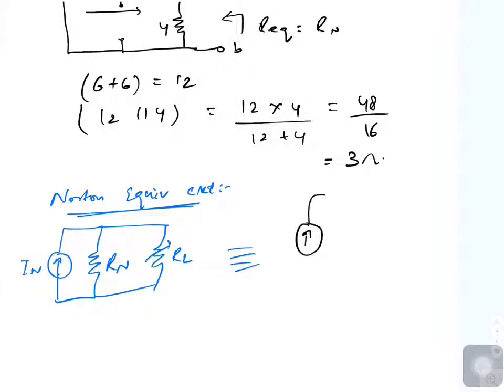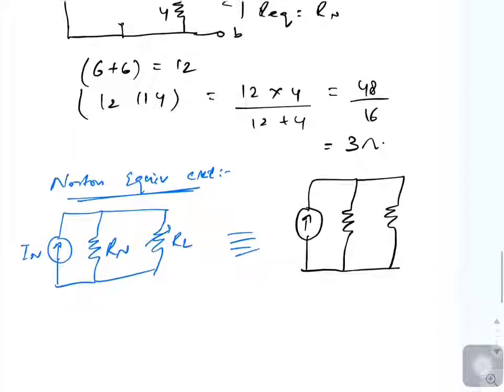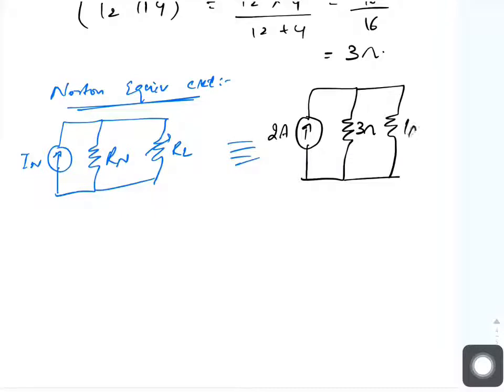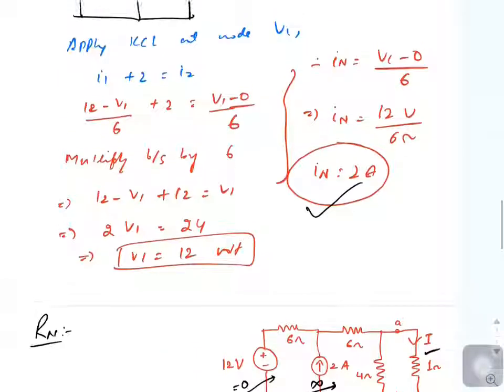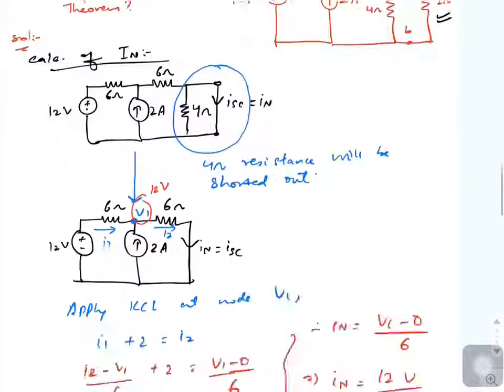For our problem, all the values are now known to us. I Norton is 2 ampere, R Norton is 3 ohm, and the load that is given to me is 1 ohm. Now can I calculate this I? Because this is what was the statement of the problem. I need to find current across the load 1 ohm.